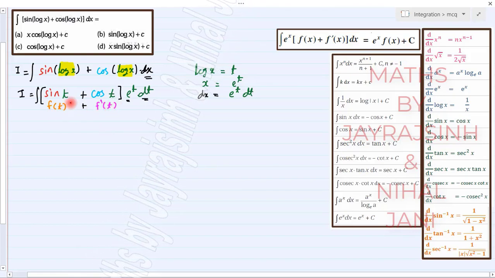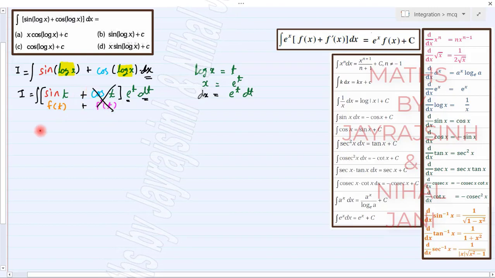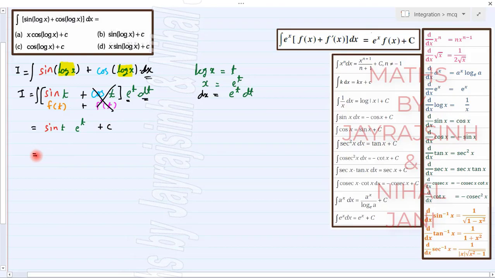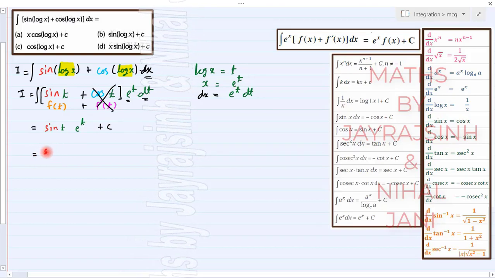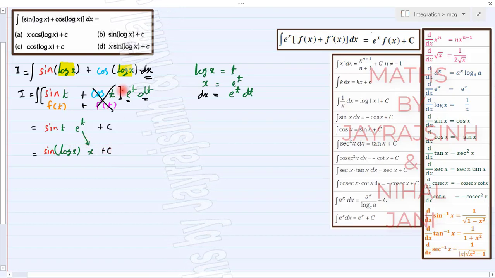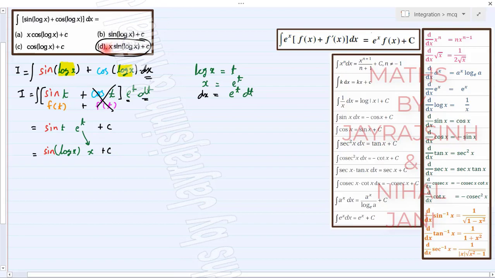So to integrate this term, we just have to neglect the f dash t, and your answer will be sin t into e raised to t plus c. And to get the final answer, just substitute the value of t. Your sin t will be sin log x, and your e raised to t will be x plus c, which is given in option D. Ta-da!